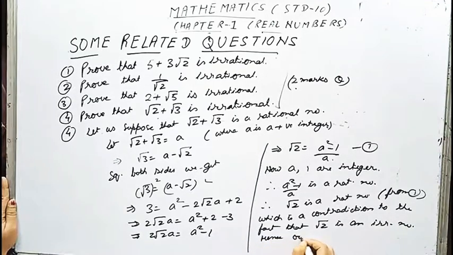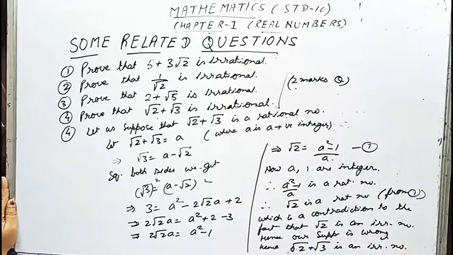Hence, our supposition is wrong, and hence root 2 plus root 3 is an irrational number. Proved.